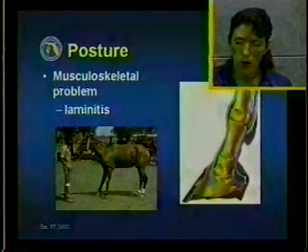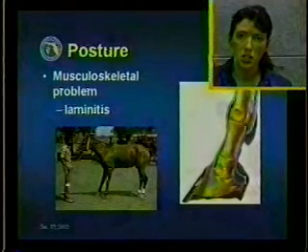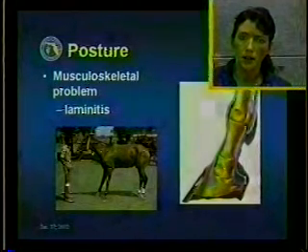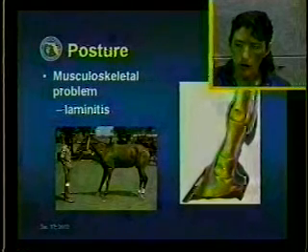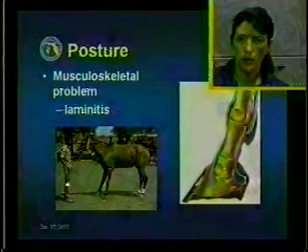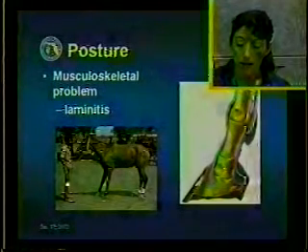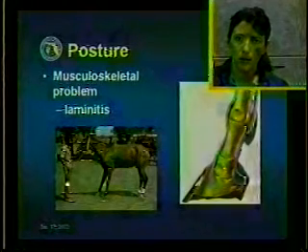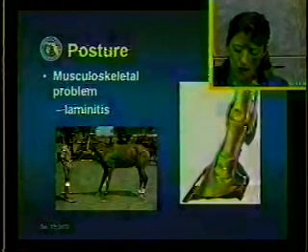We can also sometimes see evidence of this shift of the bony column within the hoof capsule by looking at the coronary band, which is the junction between the hoof capsule and the hair of the pastern region. If we see an indentation, it means that the bony column is actually pushed down within the hoof capsule.